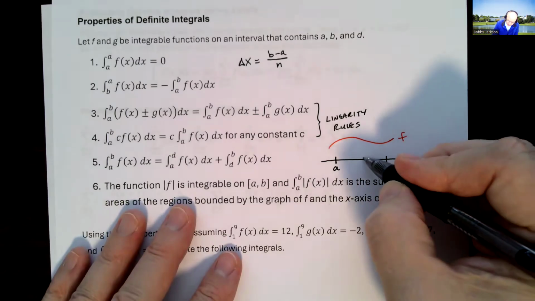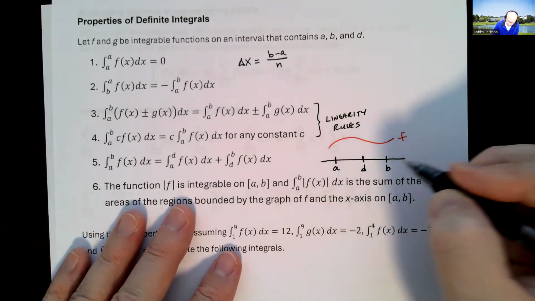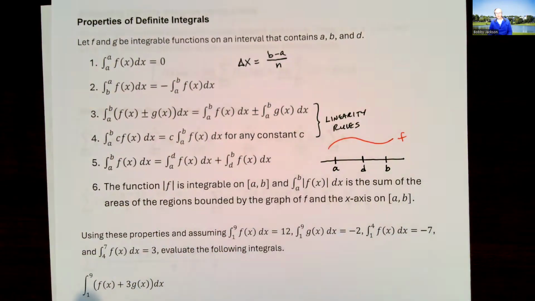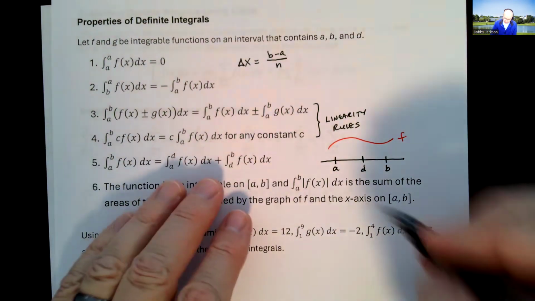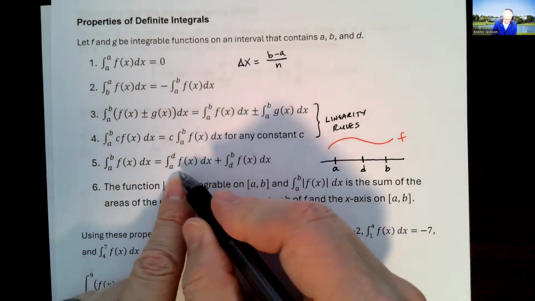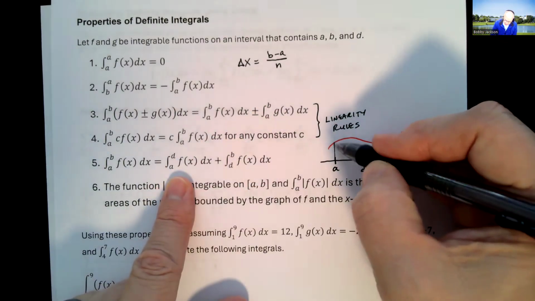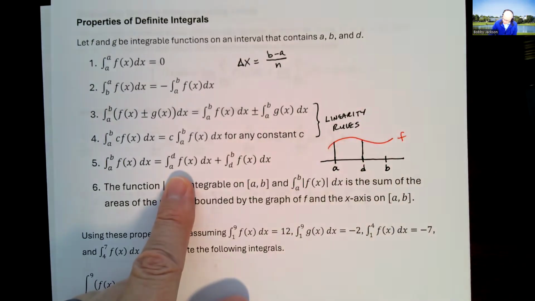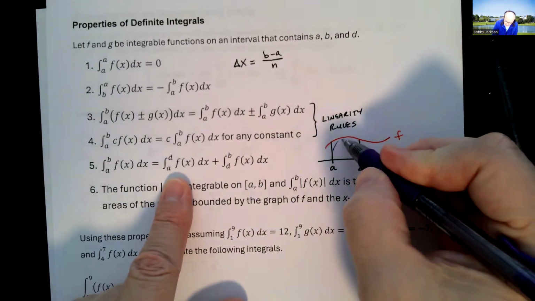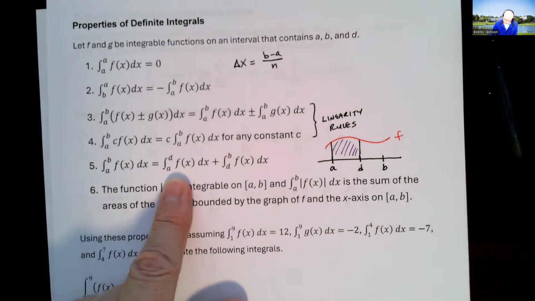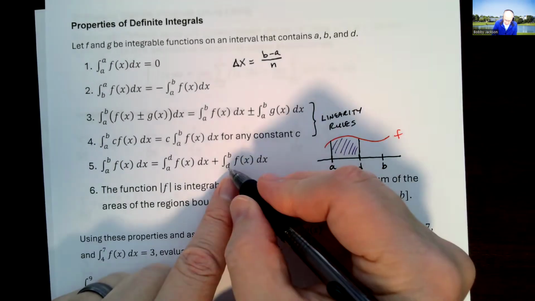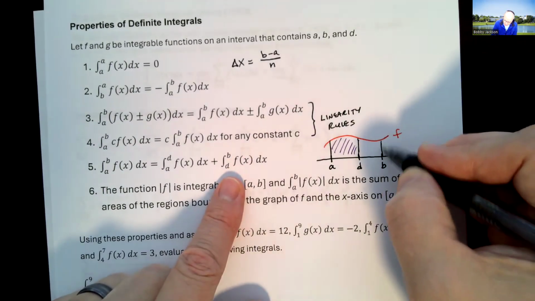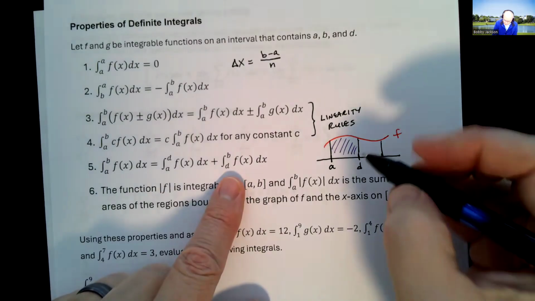And let's choose d to be in between a and b. It doesn't have to be, but this will make it clear. So look at this integral here from a to d. From a to d, right, net area is going to be this region here. Right? And then the next integral from d to b will be this region here. Let's just shade that in this way.